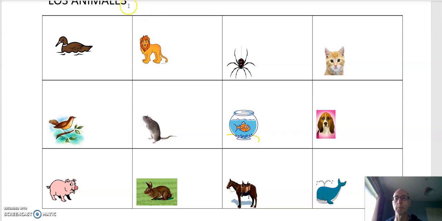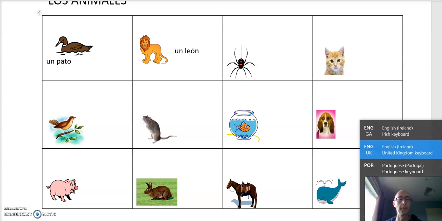Los animales en español. ¿Cómo se dice en español? Es un pato. Un pato. ¿Cómo se dice en español? Un león.